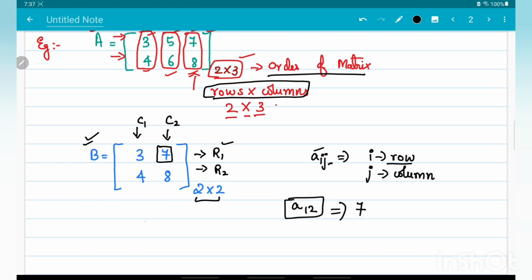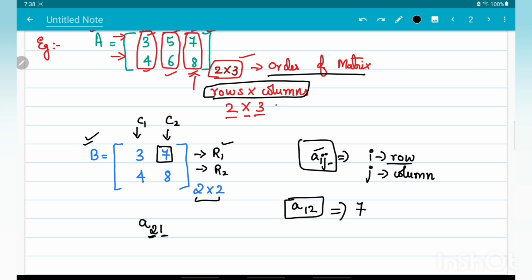Suppose if I ask you which is the element A21. Now in order to know the element A21, first thing is this 2 belongs to the row and 1 belongs to the column according to this Aij concept. So first you have to check for the second row. Now this is your second row.